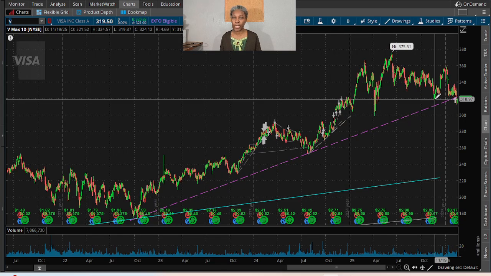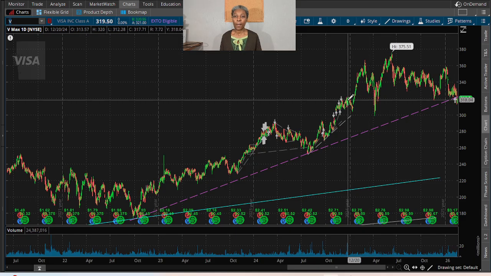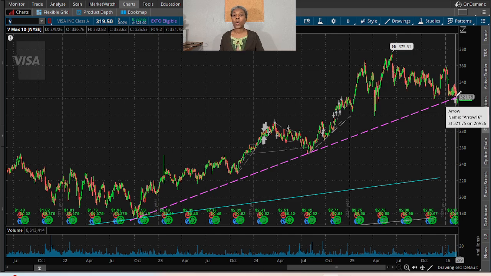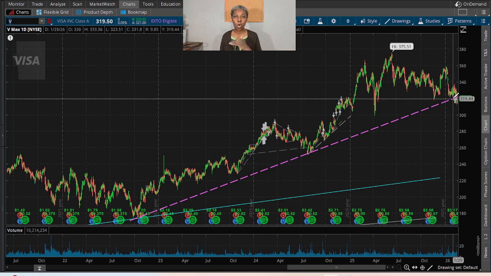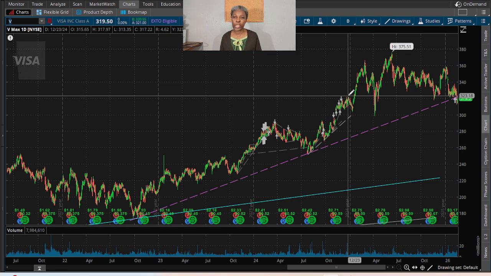It rests on it here and went up from there before pulling back again. So previous peak of the mountain can become a support line currently for a stock. I just don't pay attention to it.